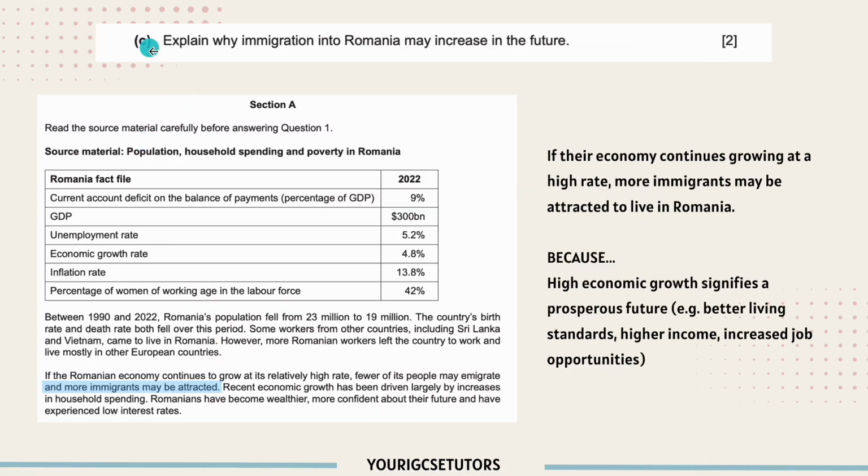Okay, part C. Explain why immigration into Romania may increase in the future. Just find the answer from the paragraph, and it's probably after the paragraph that we just looked at. In the next paragraph, they say that fewer of its people may emigrate and more immigrants may be attracted.